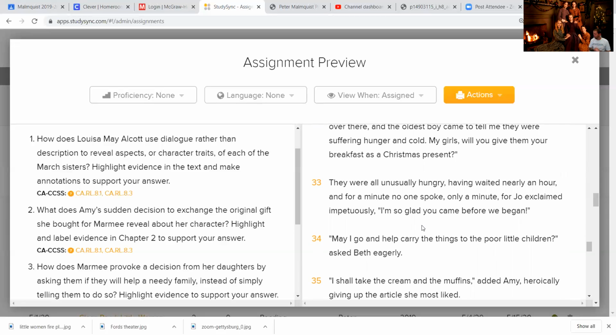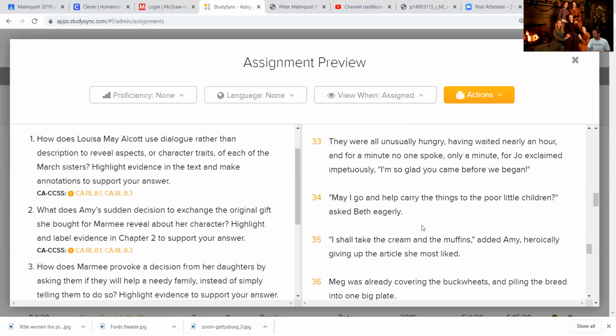And then, "May I go help carry the other things to the poor little children?" asked Beth eagerly. "I shall take the cream and the muffins," added Amy heroically, giving up the article she liked most. So here we have Amy showing that she's giving up the thing she likes the most, right? So what's that say about Amy?